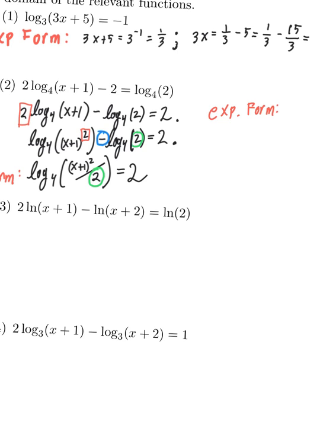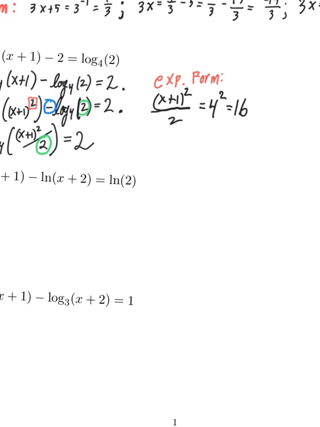Rewriting this log form equation in exponential form will give me x plus 1 quantity squared divided by 2 is equal to 4 to the power 2, also known as 16. Nice. So let's carry on.